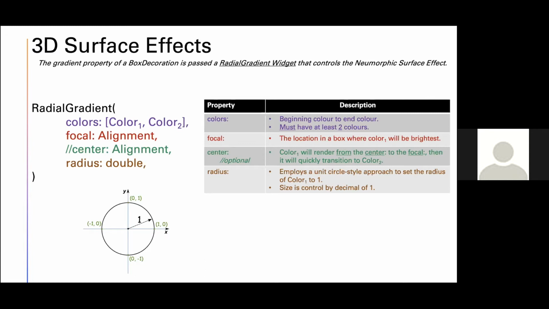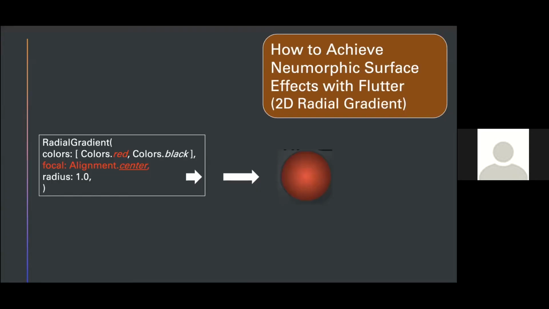And then the radius, you can think of that as a unit circle where the radius of the first color is set to 1, despite whatever the actual radius distance is. If you want half a radius, you would enter the value 0.5. Now, this is just some examples so that you can see.